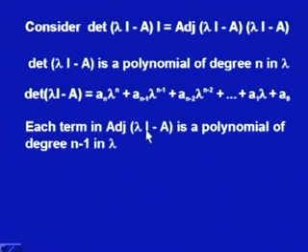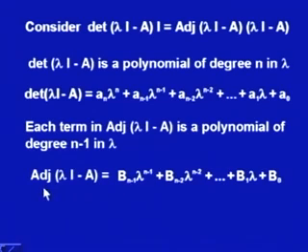Each term in the adjoint of lambda I minus A, on the right hand side, is a polynomial of degree n minus 1 in lambda. Why? Because in the adjoint matrix each term is a determinant of one order lower. So, it is a polynomial of degree n minus 1 in lambda. We can write the adjoint of lambda I minus A as B_(n-1) lambda^(n-1) plus B_(n-2) lambda^(n-2) plus ... plus B_1 lambda plus B_0.